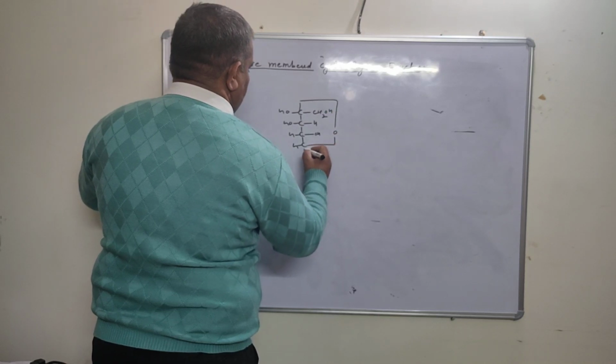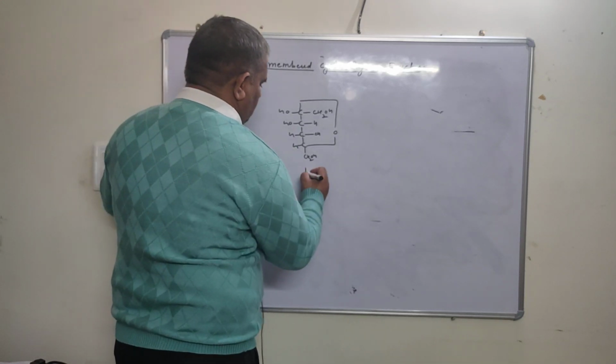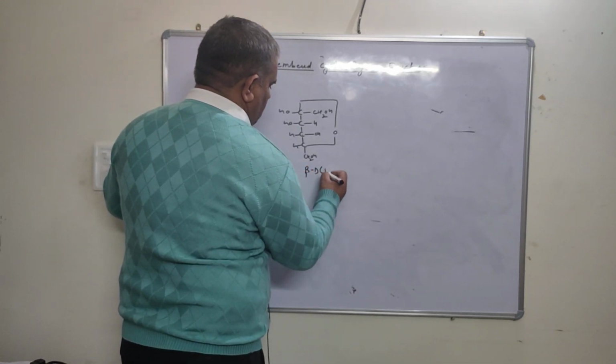This is the Fischer projection of beta D fructose.